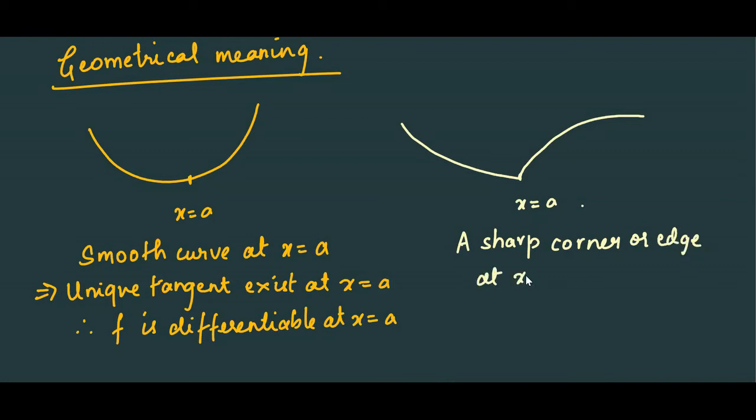All right. So the function has a sharp corner or sharp edge. Now, there is no unique tangent.